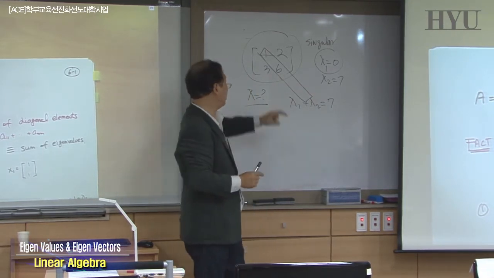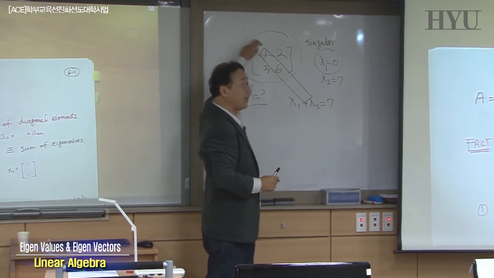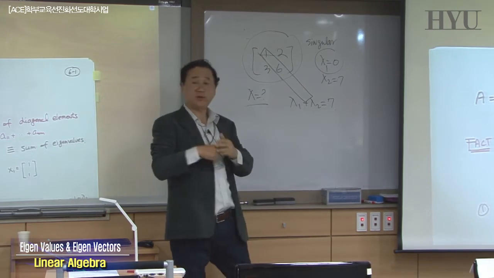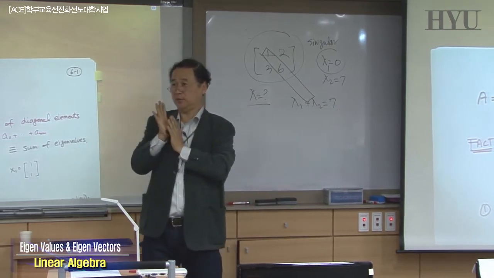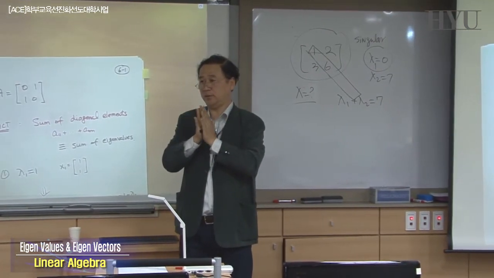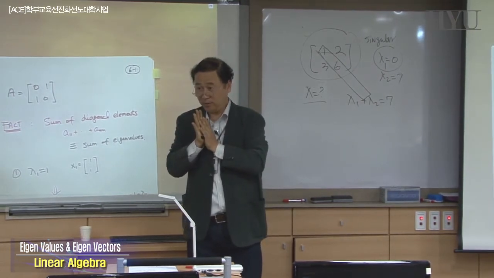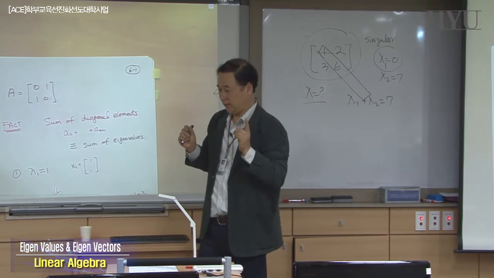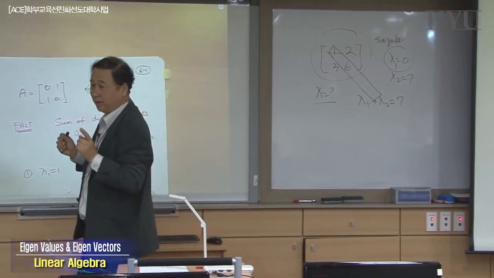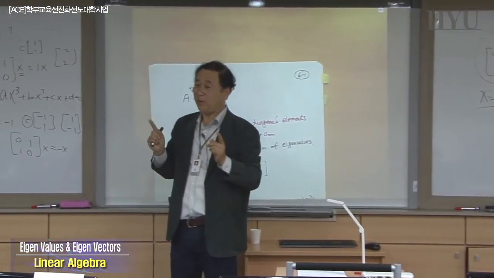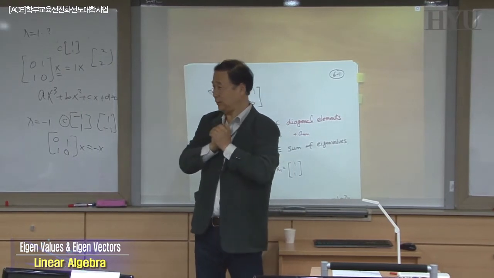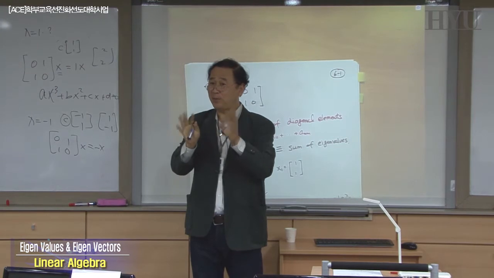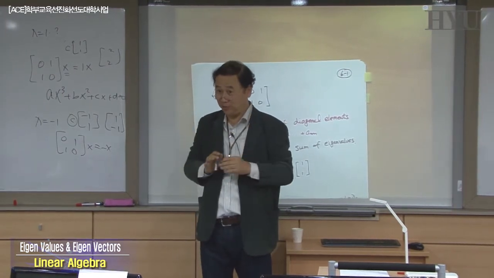One of them is, the sum of these diagonal entries, which we call trace, is the sum of eigenvalues. Also, in case matrix A is singular, then lambda equals 0 is one of the eigenvalues. So using that property, in many cases you can simply compute them, right?